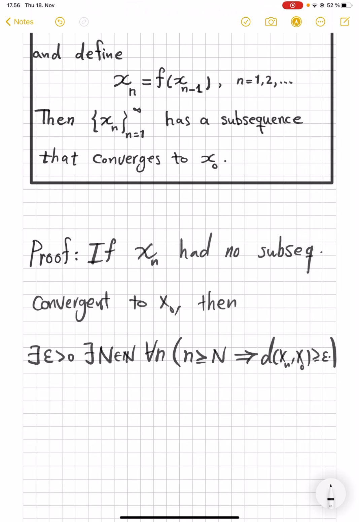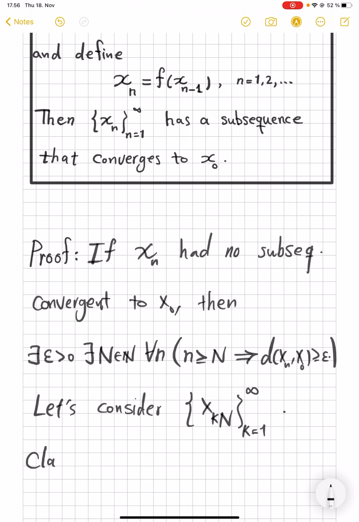Once you agree with this, then let's consider a new subsequence. I call it x_{kN}, where k goes from 1 to infinity.